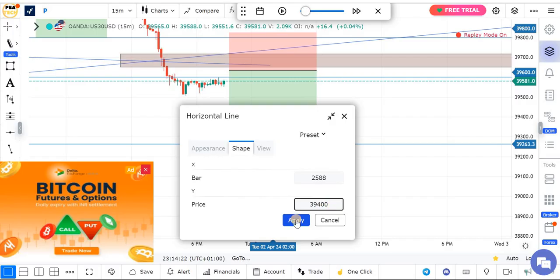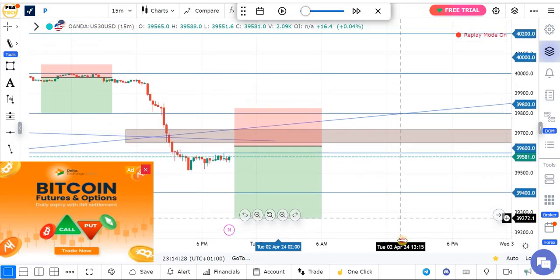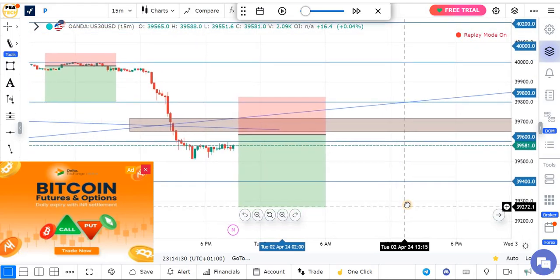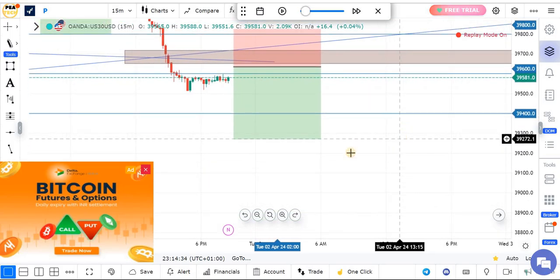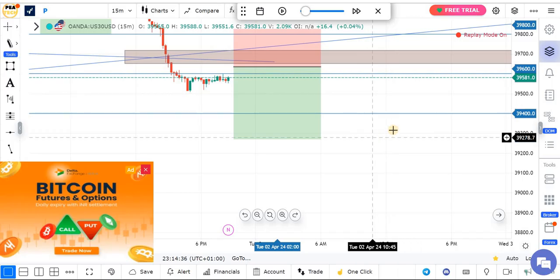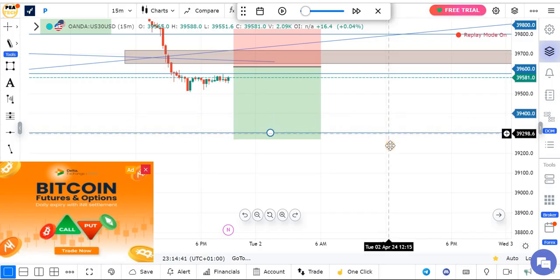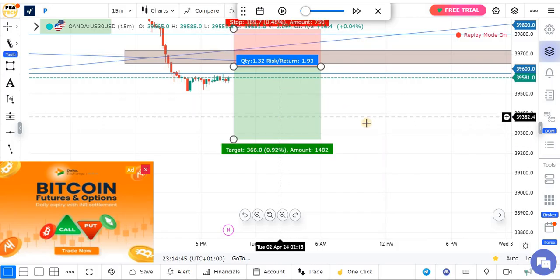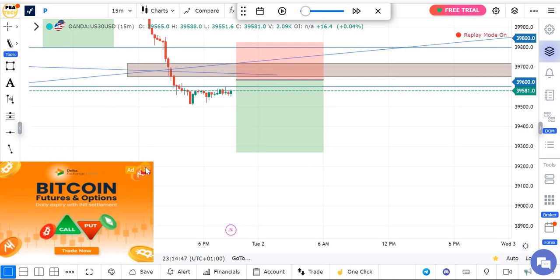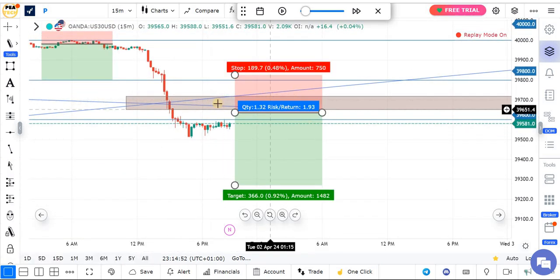39400. Anyway, what you can do is just target 1 to 2 at any time along this trend line.